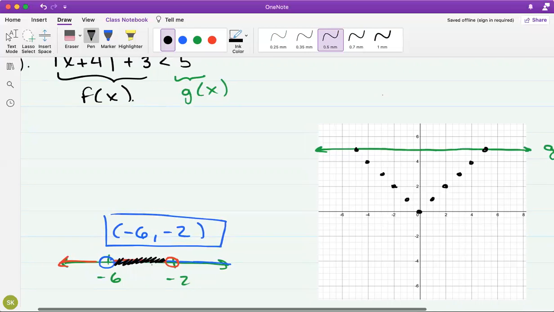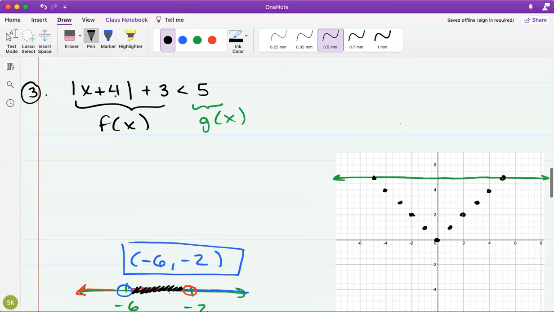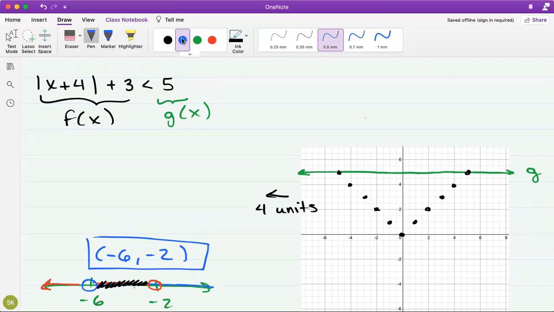And now what I'm going to do is, because I have the plus 4 on the inside of the absolute value, I'm going to shift to the left 4 units. So let's see what I can do. I'm going to do this in a different color. So here's -2. This one goes over. Then our graph is going to look like this. Erase the original graph.